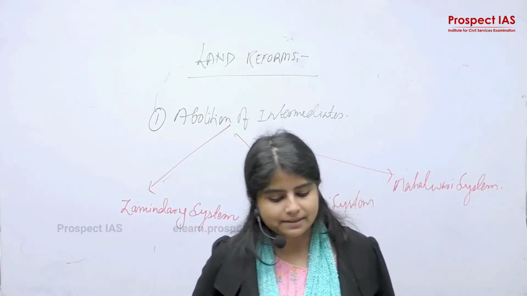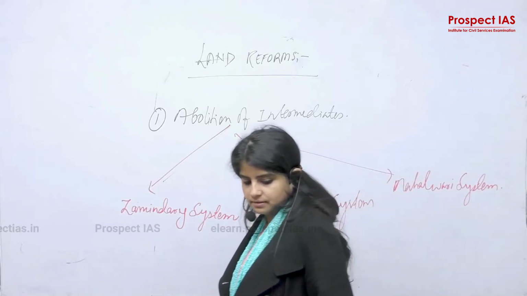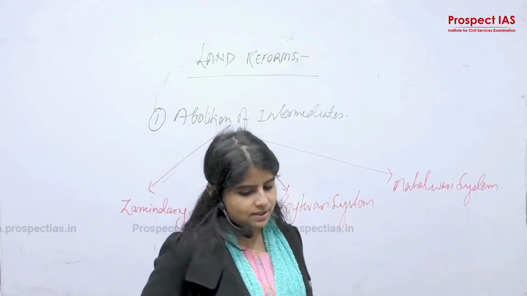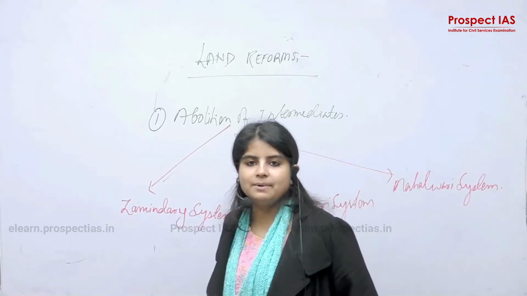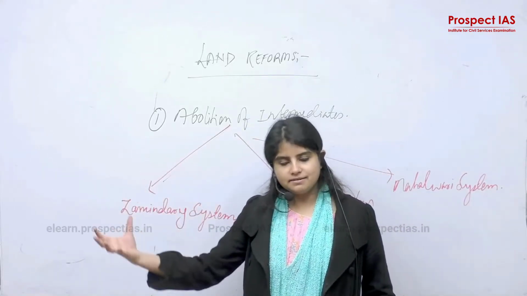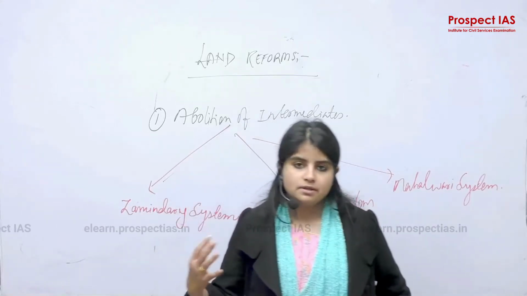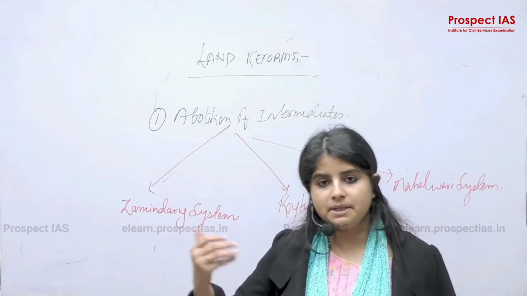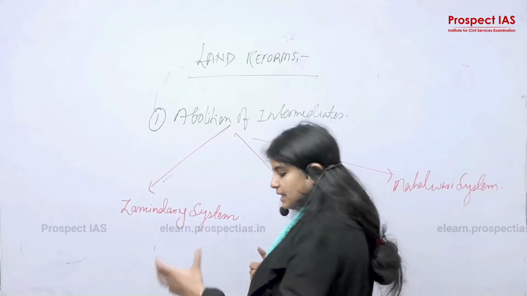Because of this pattern, the zamindars were not emotionally attached to the land. What happened? Once a year they only go to take money from the farmers. If you are not putting your blood and sweat into any work, you are not emotionally attached to the work. So these zamindars are called absentee landlords, meaning they were never present. When were they available? At the time of collection of revenue.